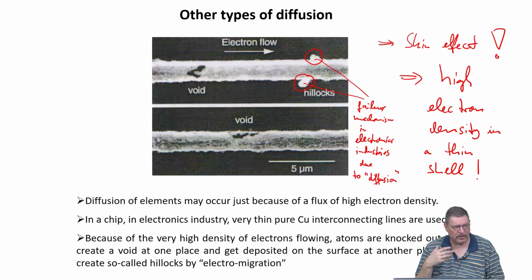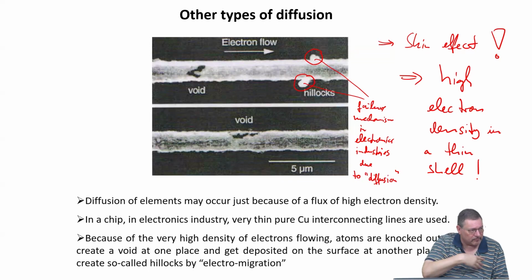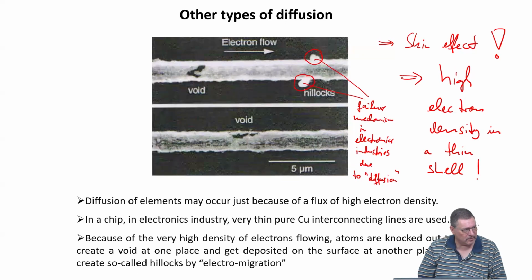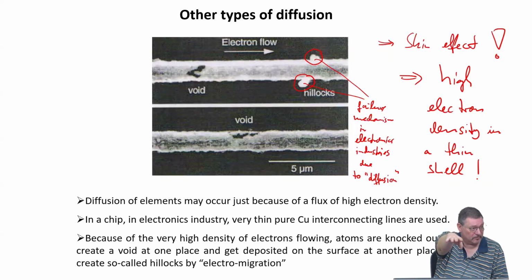So here the diffusivity will not be affected only by temperature and the material, but by the electron wind, right? So the more the potential difference is, the higher will be the flow rate of these atoms due to the electron wind. They accumulate downstream, and that means they are missing somewhere.